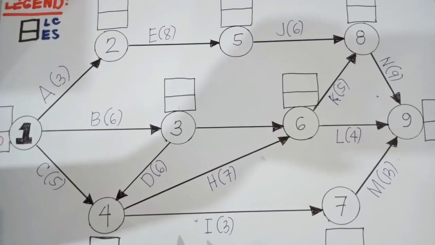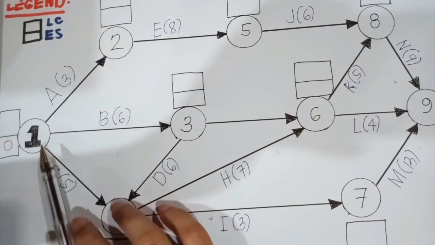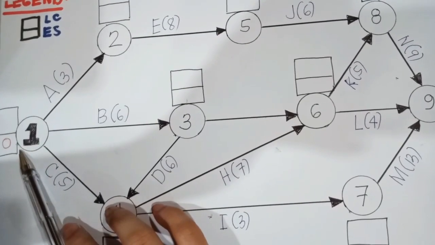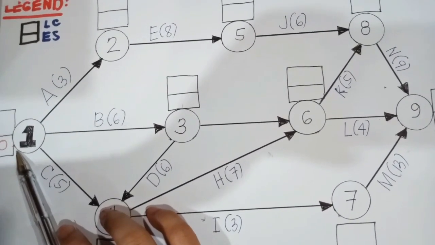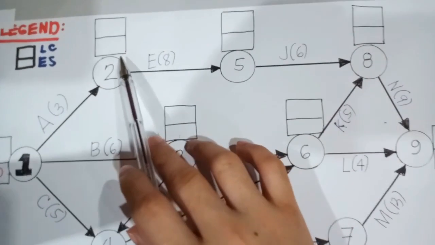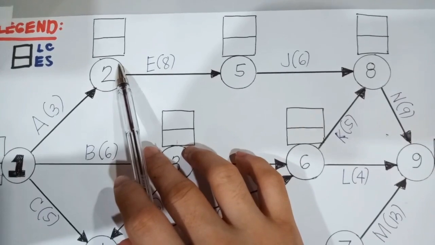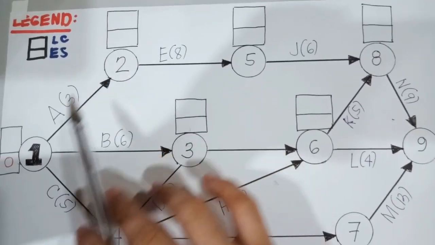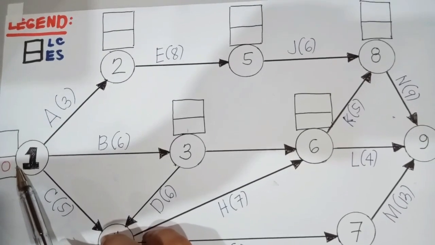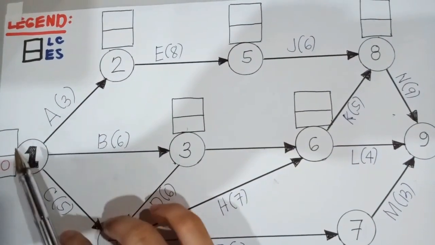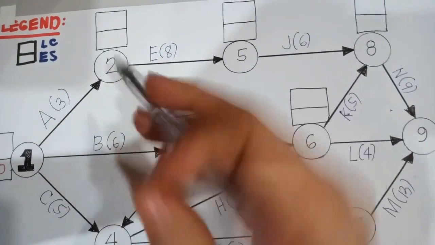Our earliest start for node number 1 is 0. Moving on to node number 2, since the formula is the earliest start time of the starting activity plus the duration, 0 plus 3 is 3.